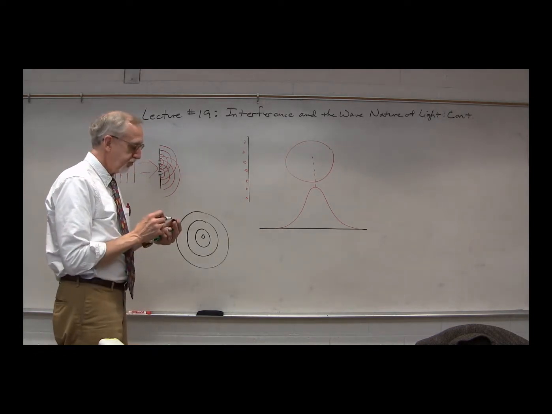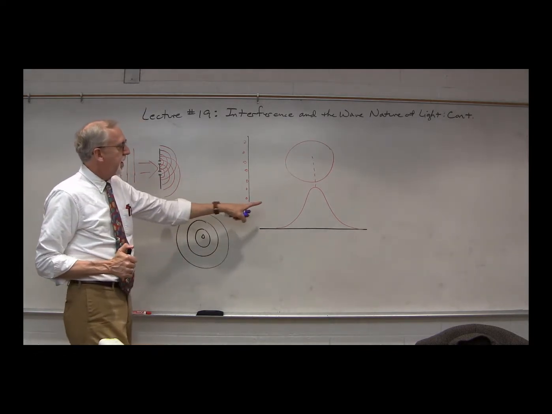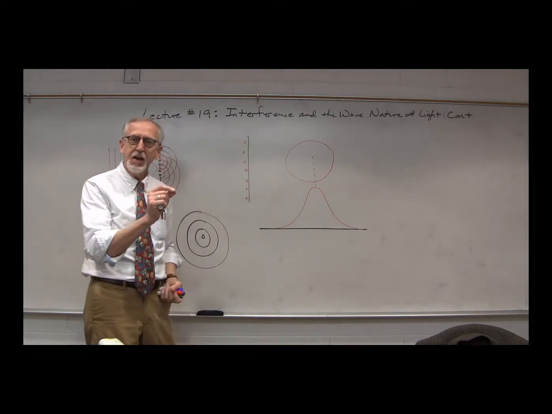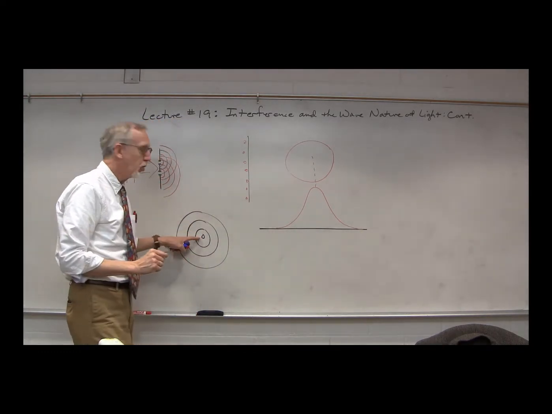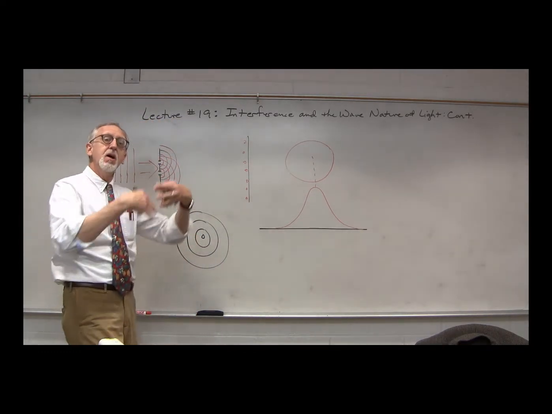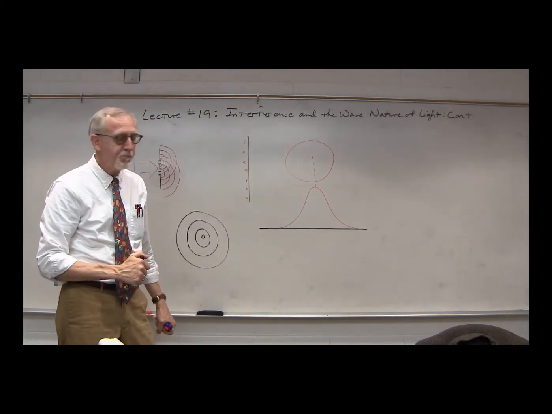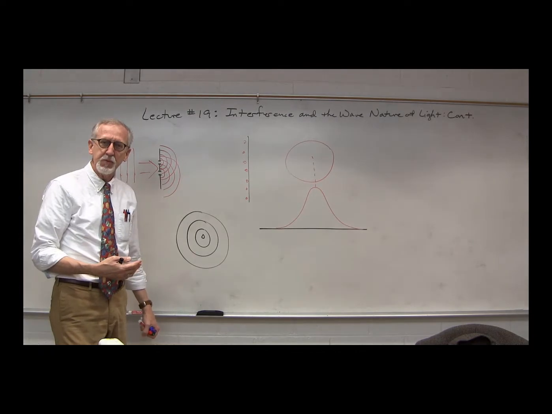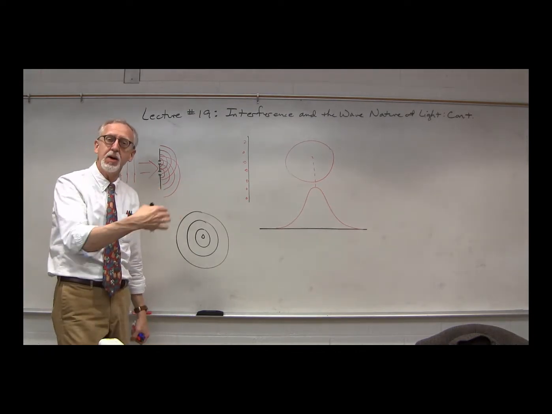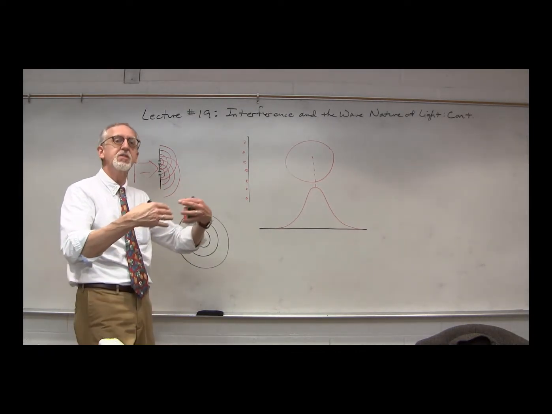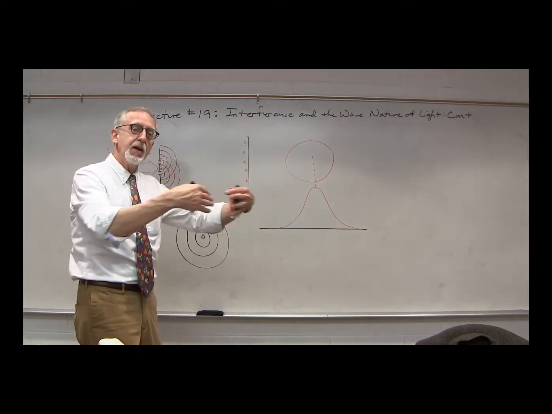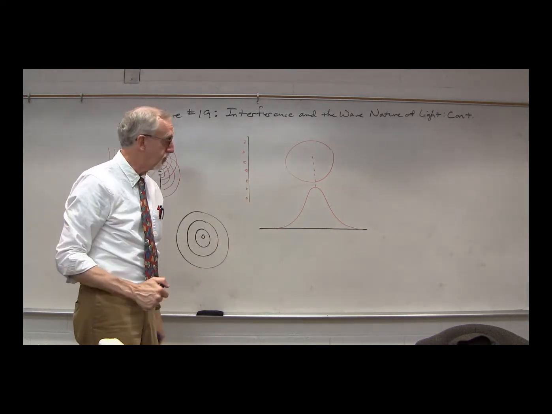Now, we can think of every point on a beam of light as a source point for the beam in front of it, so to speak. This is called Huygens principle. Every point on a beam, you can think of as a source for the next point that keeps that beam moving forward.